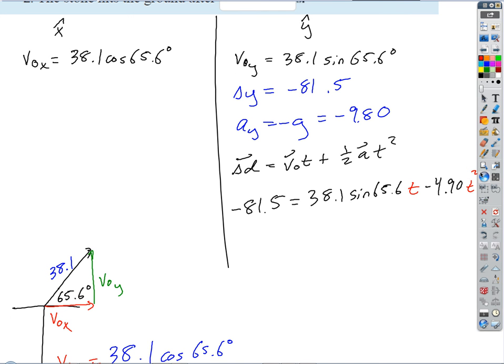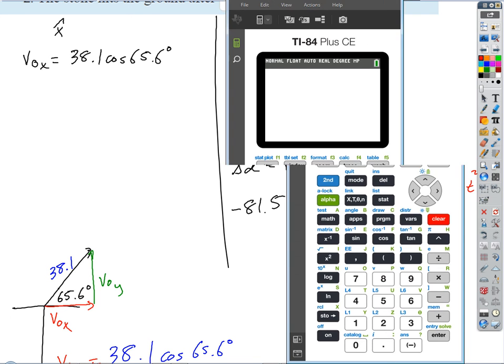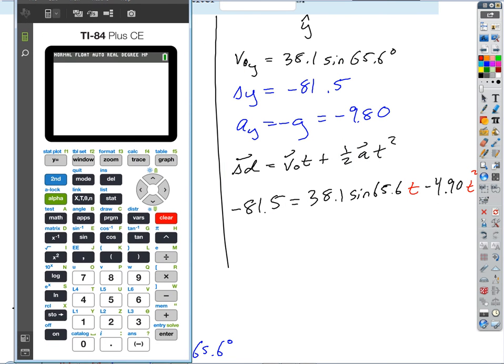What do you suggest? Let's talk about this for a second. How could we solve that equation? Yeah, I could push everything to one side and use the quadratic formula. That'd be fine. I could also just graph both sides of this if I want to, right?